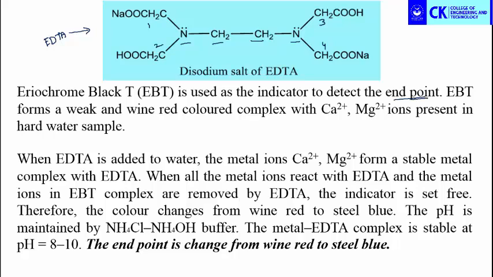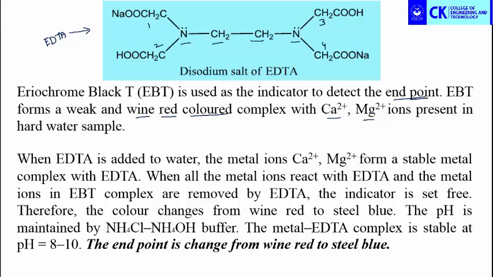Initially, while adding EBT to the hardness causing water, the salts form a weak, wine red colored complex. Initially, this colored solution appears in the conical flask, which states that the hardness producing calcium and magnesium ions form a weak complex with the EBT.